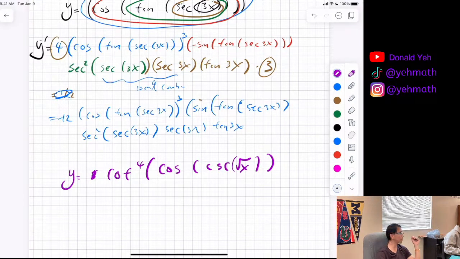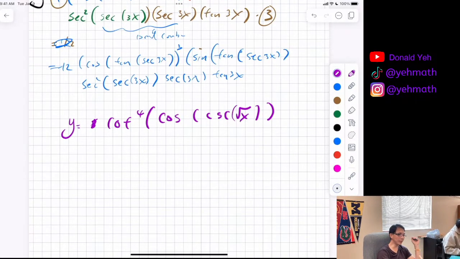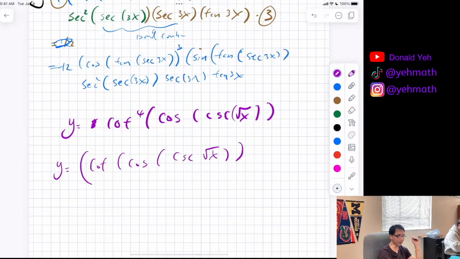What time do I have up here? Kelly, how much time do I have? We're not very different. Okay, so I'm gonna go over this one. I'm gonna rewrite this to the fourth power and take a derivative of this.